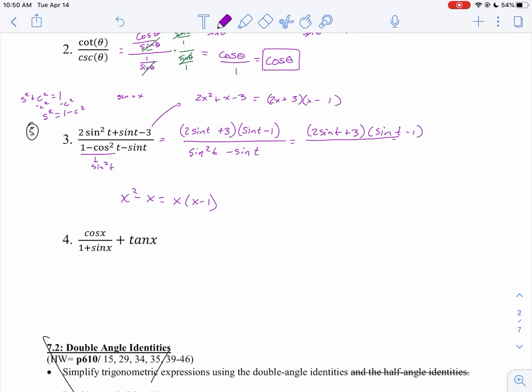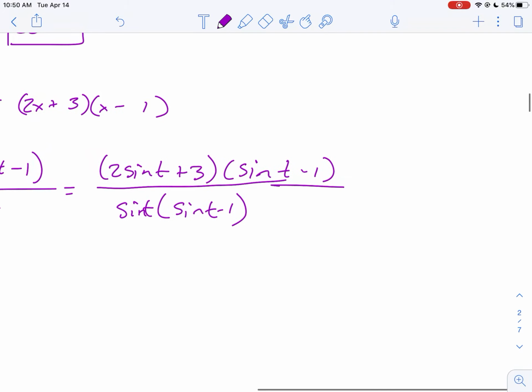And so this denominator becomes x, which is really my sine, times sine t minus 1. Let me talk through that. If I factor a sine out of each term, I get sine of t. There's 1 sine of t left, and here it's just minus 1. If I distribute this in, you see we get sine squared t minus sine t. So I haven't changed the value, I've just rewritten it in a different format.